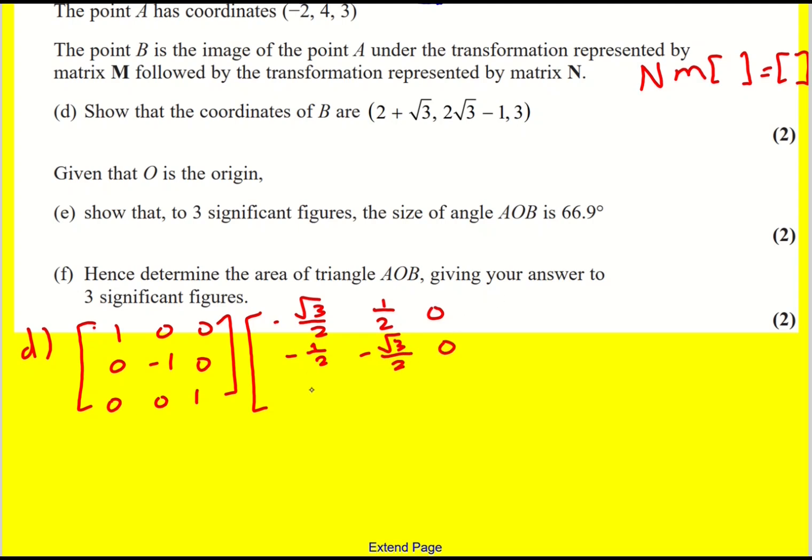Of course, you could program this into your calculator. And then we're multiplying by the position vector for A, but I'm going to do it by hand.